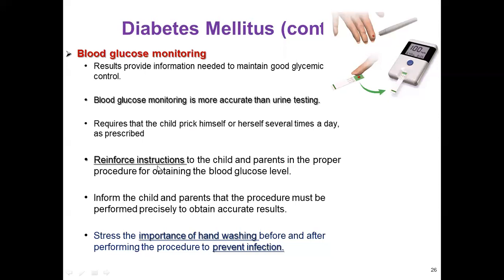Reinforce the instruction to the child and parents in the proper procedure for obtaining the blood glucose level. As I told you, do not puncture the pad of the finger. Use the skin on either side of the finger pad for better blood flow and less pain.